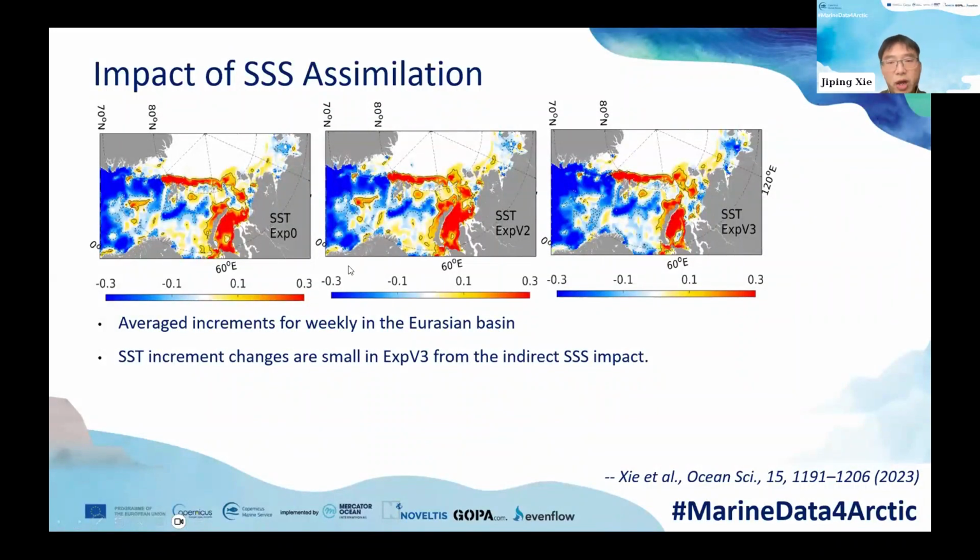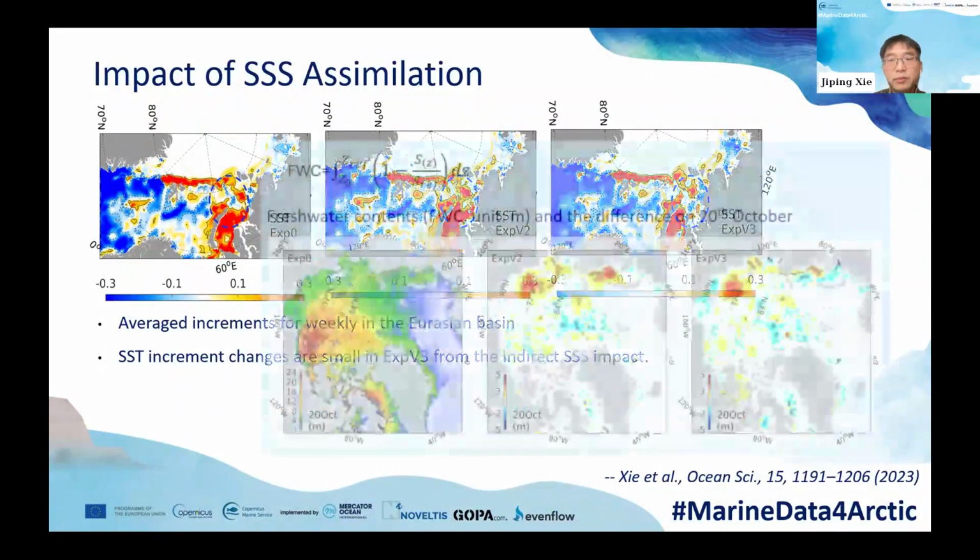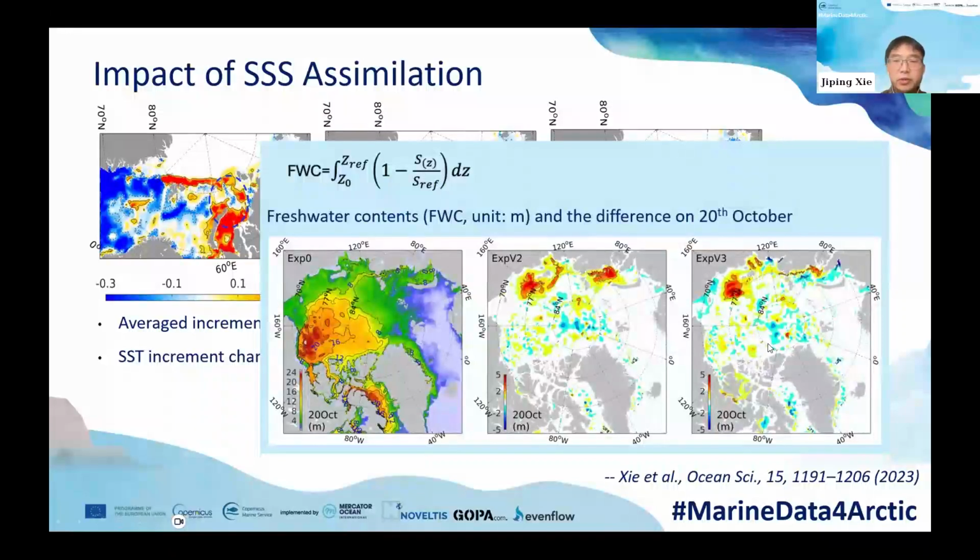On average it looks very small, but in some regions we can still find differences. For example, along the Kara Sea, when we assimilate version 3, the SST increment becomes smaller. We can also diagnose the freshwater increment changes in the two cases. This can be modified by assimilating this kind of data.